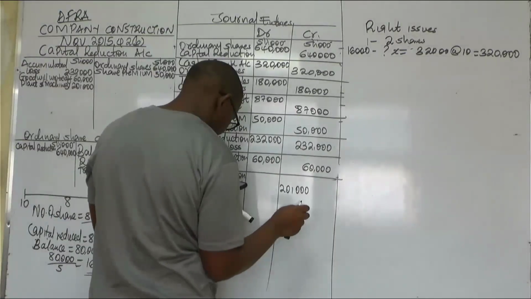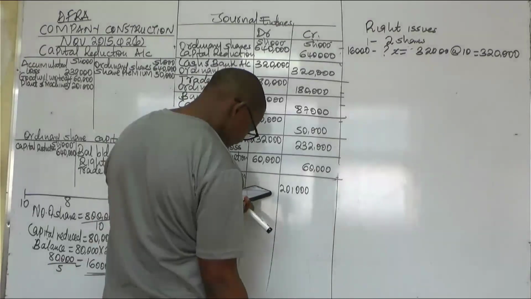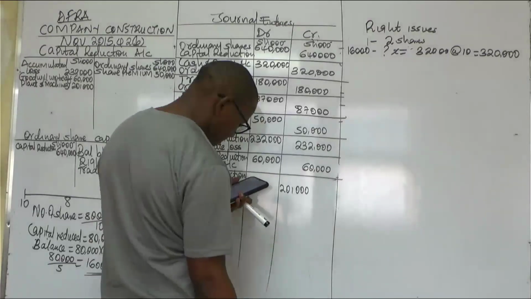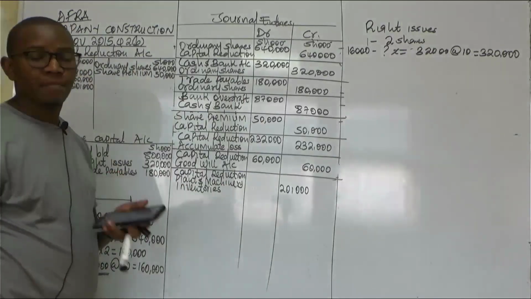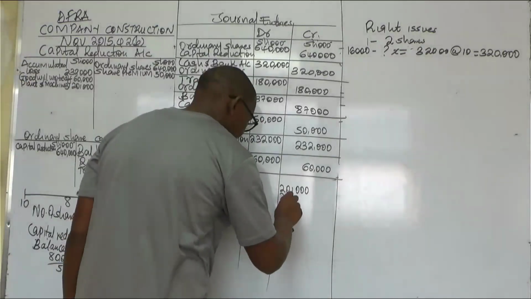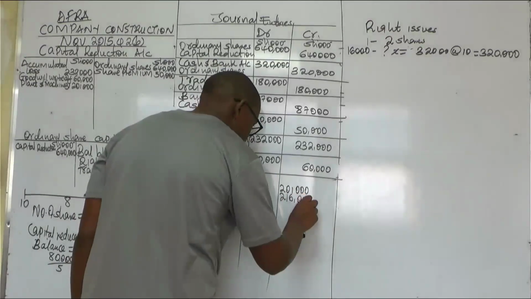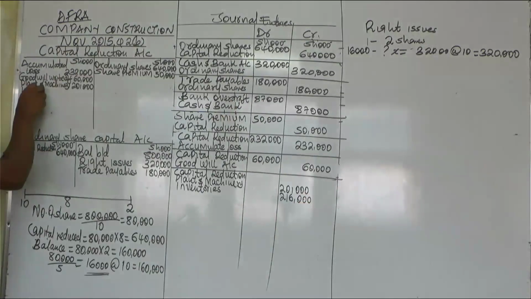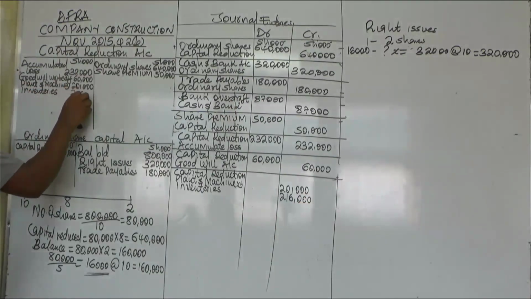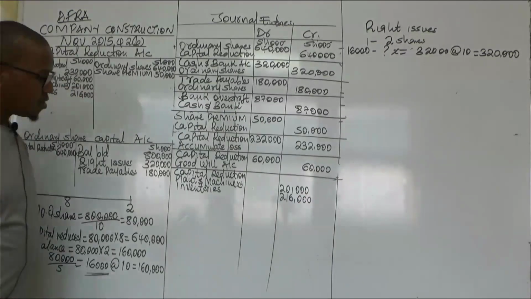Or they were revalued downwards by how much? From 216. So I will also have inventories here. This will be 210. Sawa. Tuendelee.